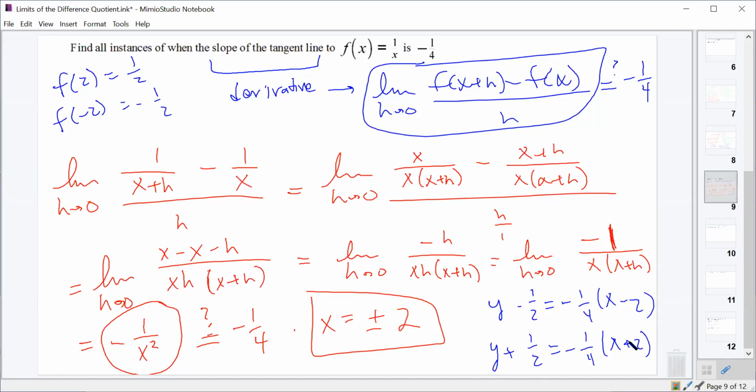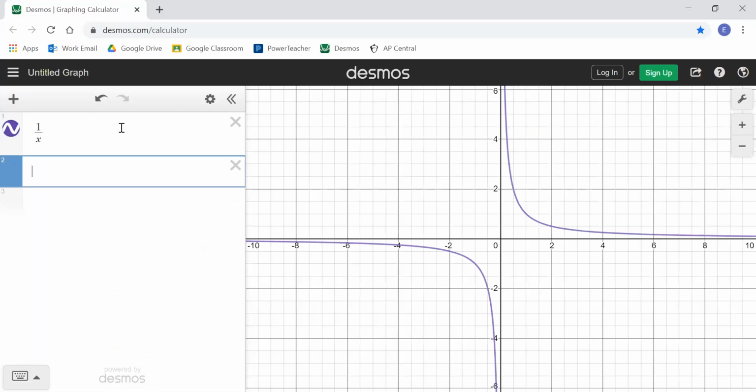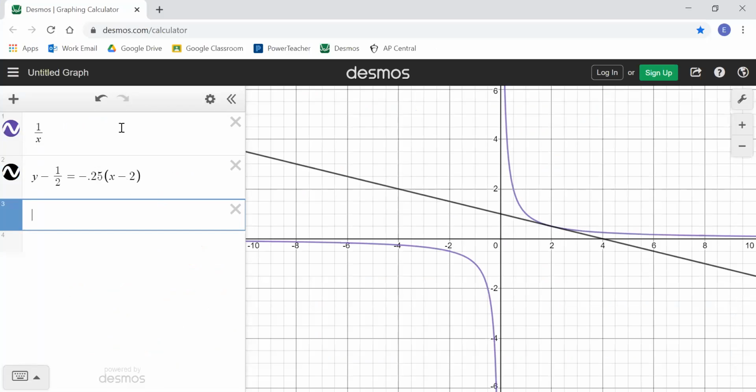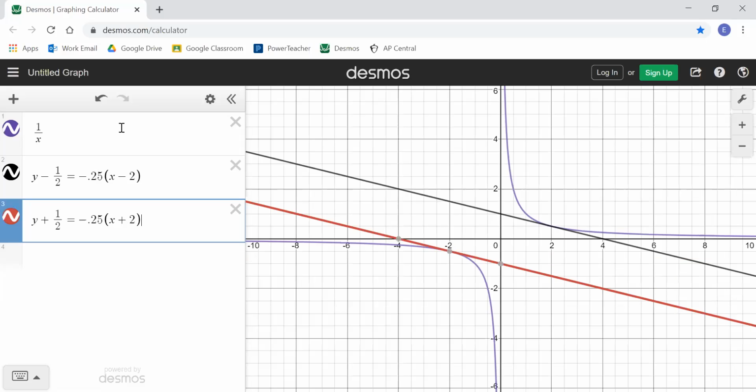So let's take a look in Desmos at what that looks like. That's plus 2, not -2.